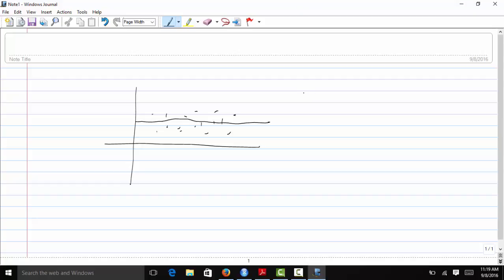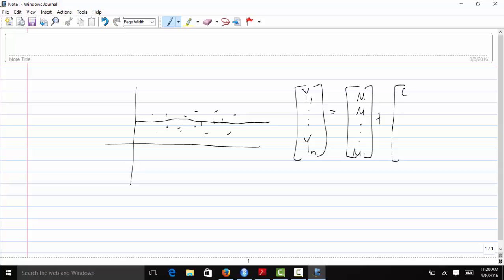So we have our responses y1 down to yn, and they're equal to a mean that's constant for all the observations, plus our vector of errors. And we want to represent this in matrix notation, so using X beta plus epsilon.